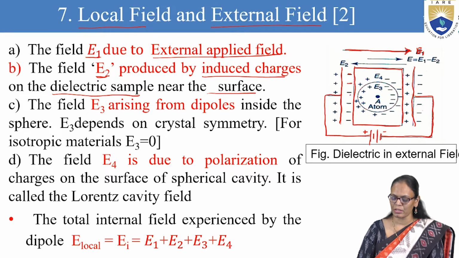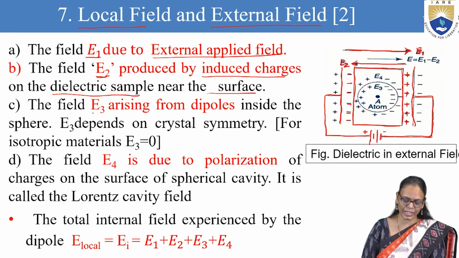There will be charges deposited: negative on the side of the positive plate, and positive on the side of the negative plate. This is how the charges are separated, and because of this there is a field. This field we call E2. E2 is due to the charges induced on the surface of the dielectric. Then we have E3.